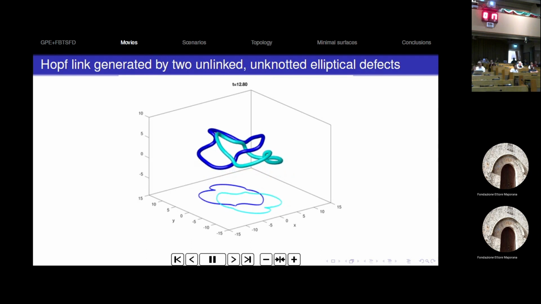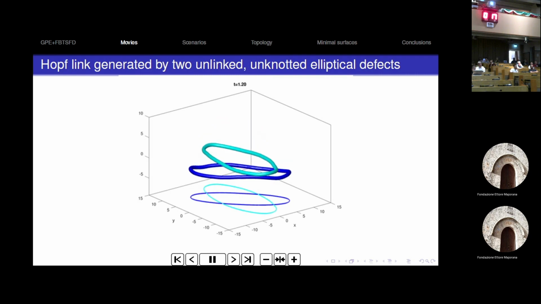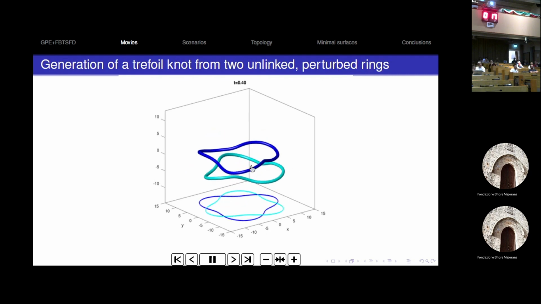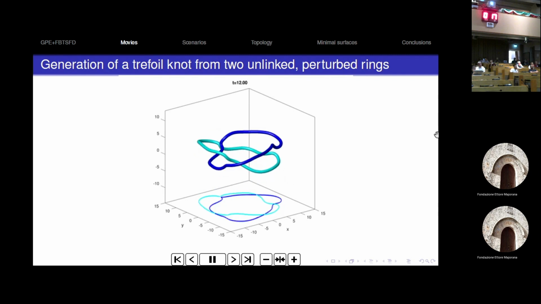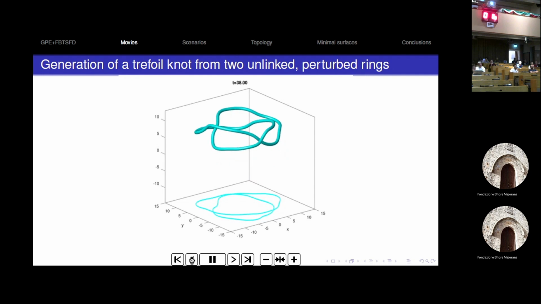Okay, this is the Hopf link, and then it goes back to simple geometry. This reminds us of a cycle as well. And then I think the most interesting is this one, where, well, it's very fast, I should slow it down.